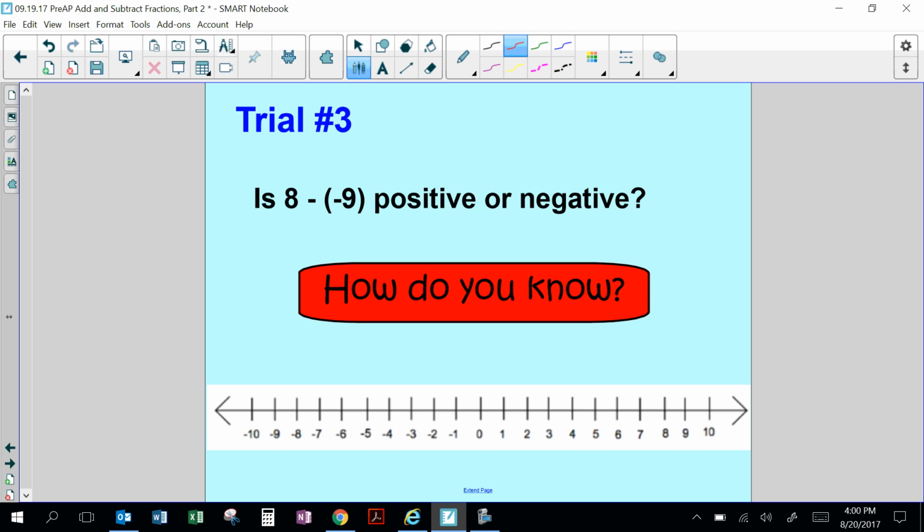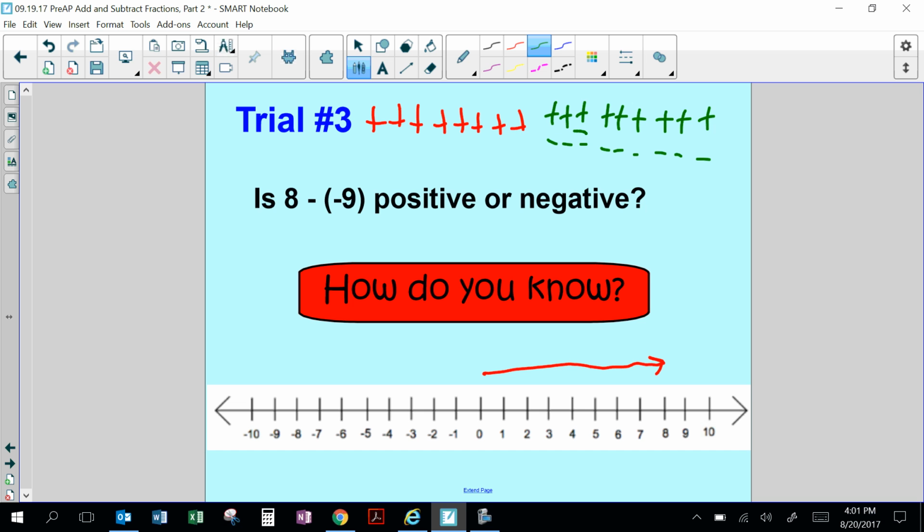8 take away -9. So I start at 0, I'm at 8. I need to take away -9. So what does that mean? If I start with 8, can I take away -9 from this without changing the value of 8? No, I cannot. So I need to draw 0 pairs. I need 9 0 pairs.